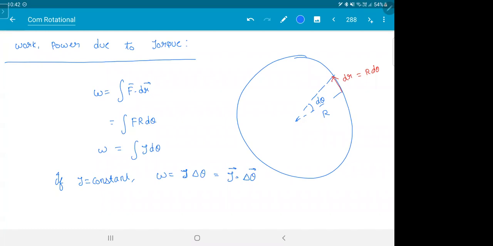Just like F bar dot s bar. What about power? dW by dt. So this will be torque d theta by dt. What is d theta by dt? Torque into omega. Vector form, torque dot omega bar. So we will see these things resemble a lot compared to those linear equations.